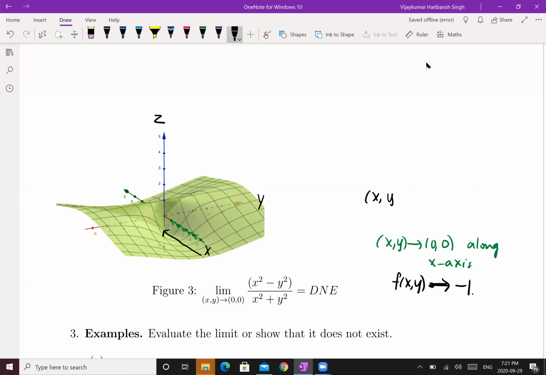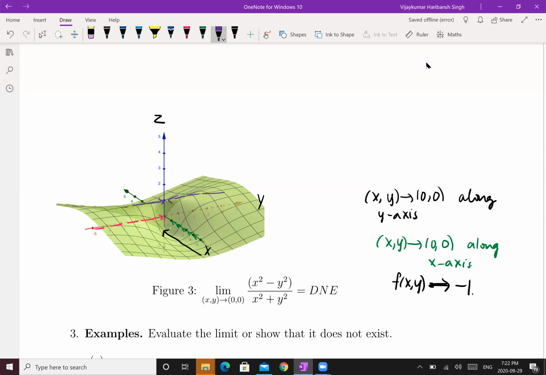Similarly, if (x, y) goes to (0, 0) along the y-axis, that is now your domain, this is the point in the domain. Your f(x, y) is on the top. It's going to 1. If you're going from this direction as well, it's going to 1.